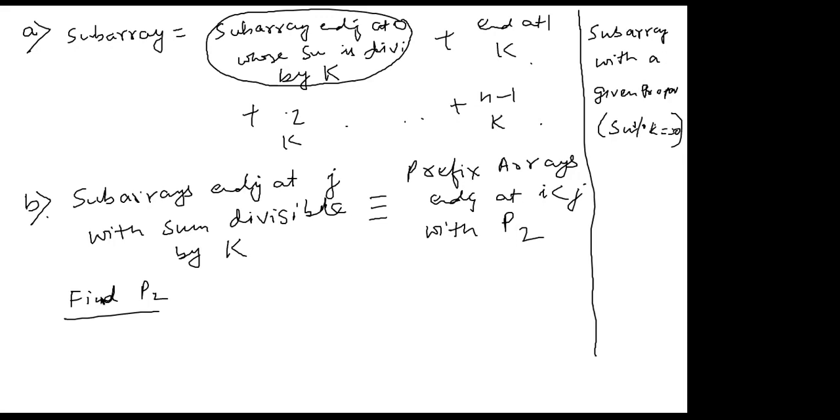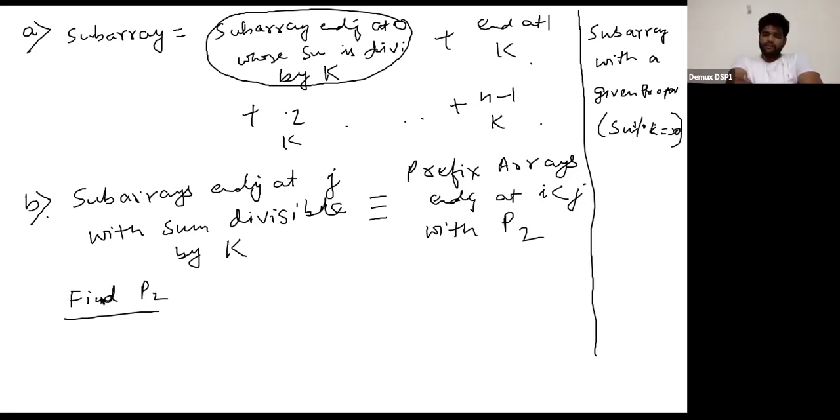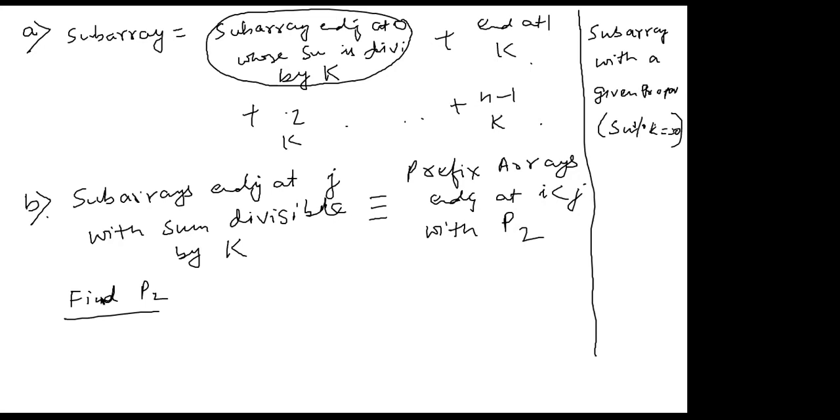So when we find the prefix sum, for the negative numbers, it is efficient to add another k and then take the modulus. That's okay, but what is this property p2 that prefix arrays need to satisfy so that this particular subarray becomes divisible by k? I am looking for that.